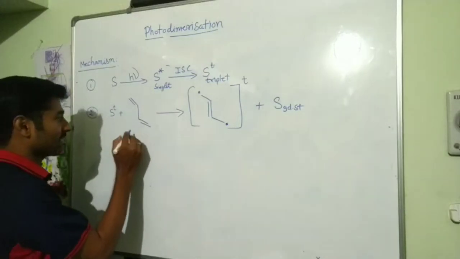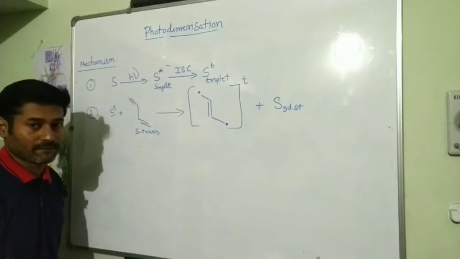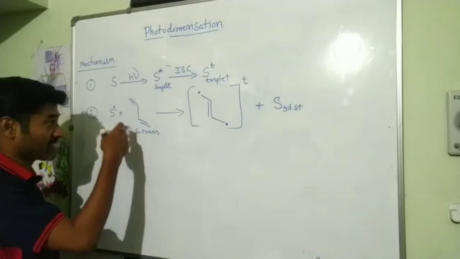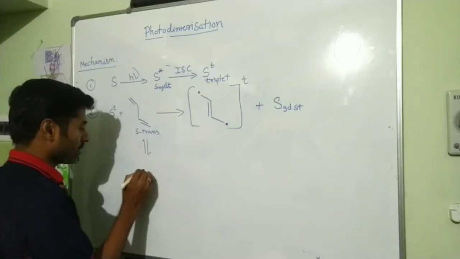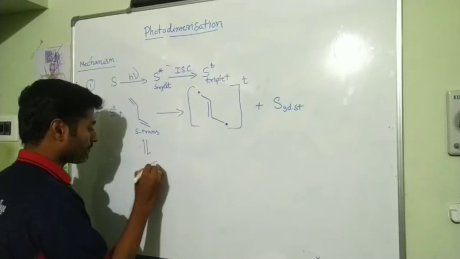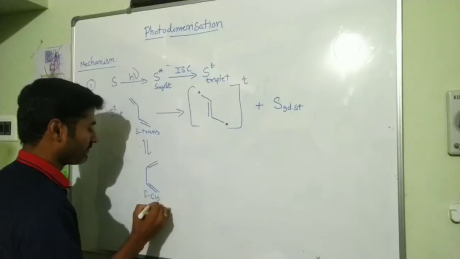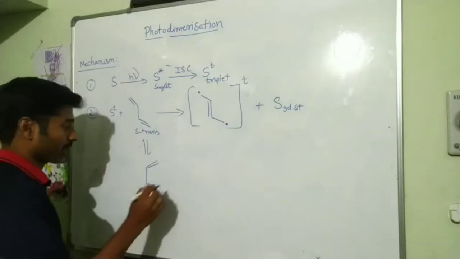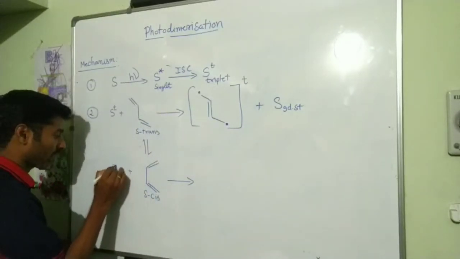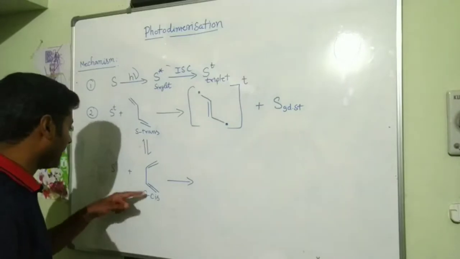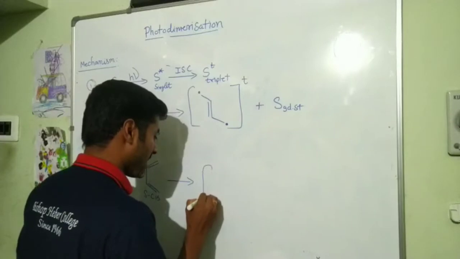Now this is the S-trans form of butadiene. At room temperature, S-trans form and S-cis form both are possible. This is the S-cis form of butadiene, and similarly the S-cis form can also interact with your triplet state sensitizer.